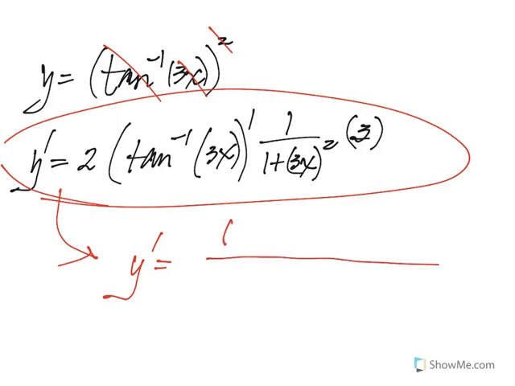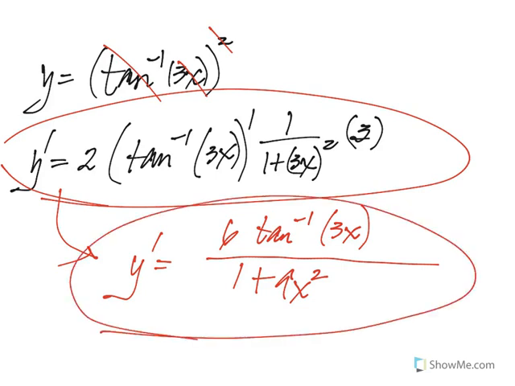So this is going to be 6 arctan of 3x over 1 plus 9x squared. The simplification that I gave you is not going to be super difficult. Anything that has a very complex derivative, I will just have you set it up only, but this is your slope machine for your original y.